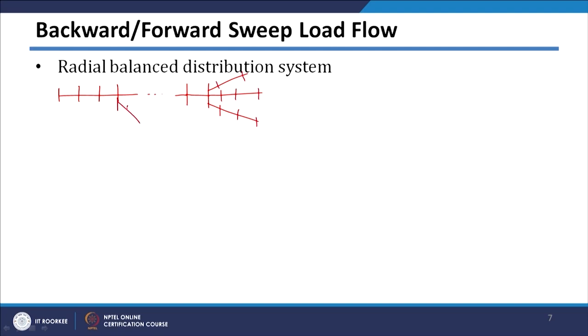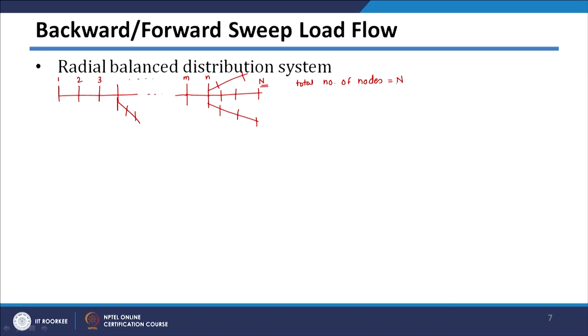Here also there are some branches. This is first node, second node, third node, and then there are many nodes. Say this node is M, this node is N, and say there are n number of nodes in the system. So, total number of nodes is equal to n.